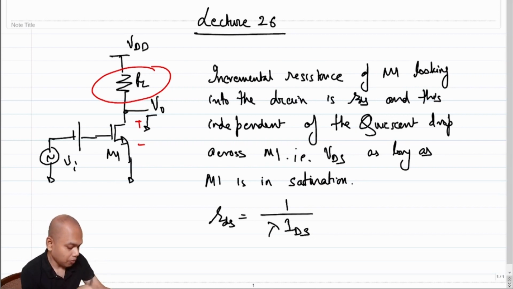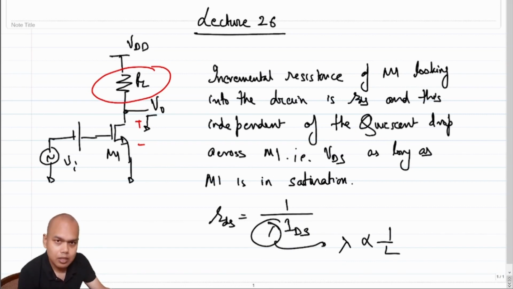So what happens if I increase lambda? What happens if I increase IDS? If I increase IDS, then naturally it seems like the RDS is decreasing, right? However, we note that we have one more handle. What is the handle that we have? This lambda is proportional to 1 over L, right?